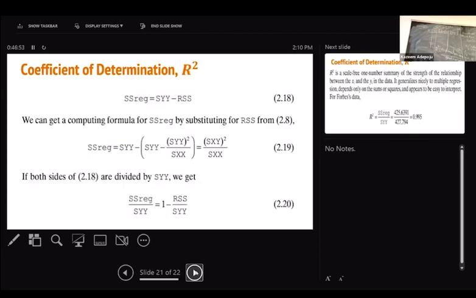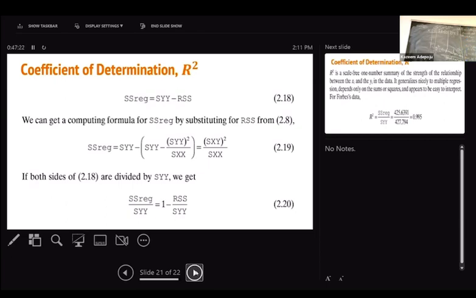Total variation minus unexplained will give you explained. Total variation is SS reg plus RSS, which means total variation equals explained plus the unexplained. I think that makes sense, right?